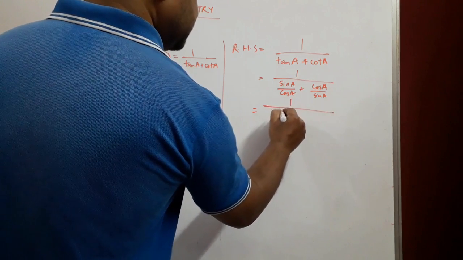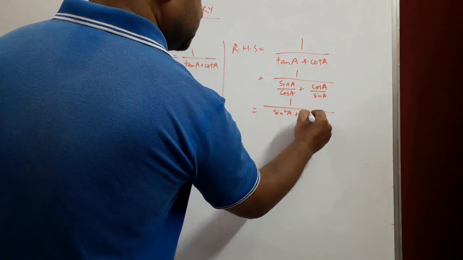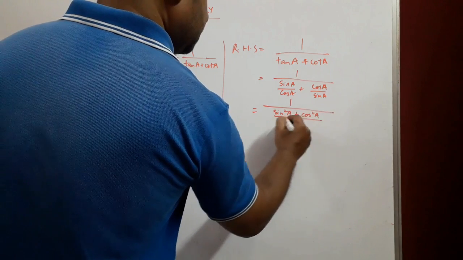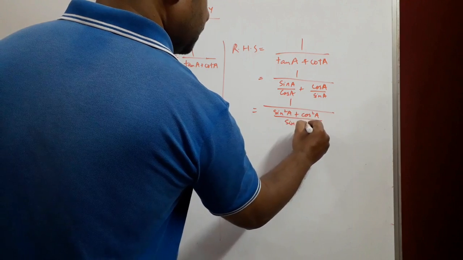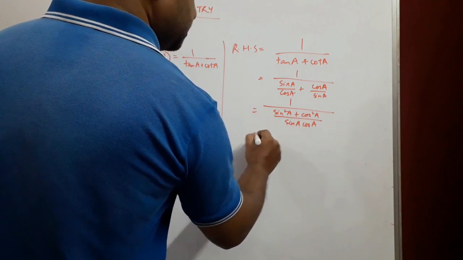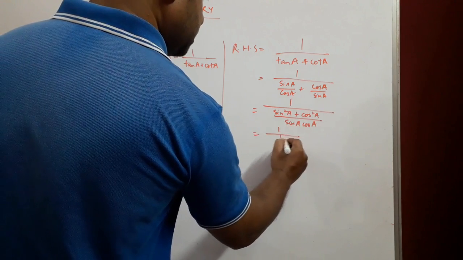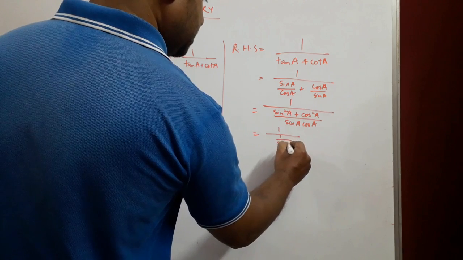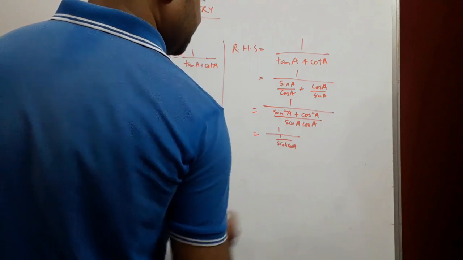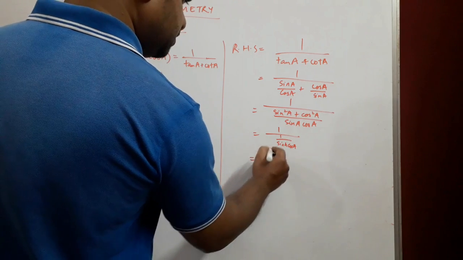So this will become (sin square a plus cos square a) whole thing upon sin a cos a. So sin square a plus cos square a will become 1. So we have 1 upon (1 upon sin a cos a). Okay. Now we convert this into multiplication.